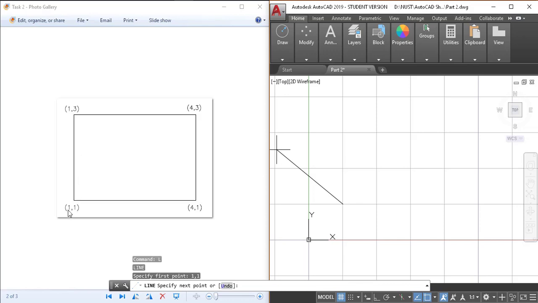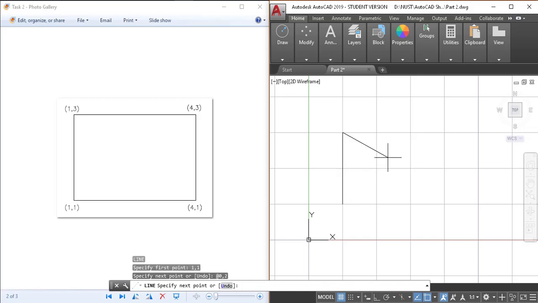So we have to move from 1, 1 to 1, 3. While doing so, we are not moving in the x-axis because on this point the x coordinate is 1 and on this point the x coordinate is 1. So it means there is zero movement in the x-axis, whereas there is a movement of 2 units in the y-axis. So we have to write the at sign, type 0, 2 and press enter.